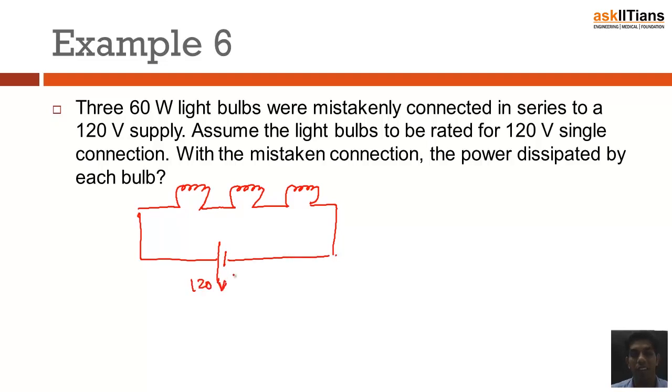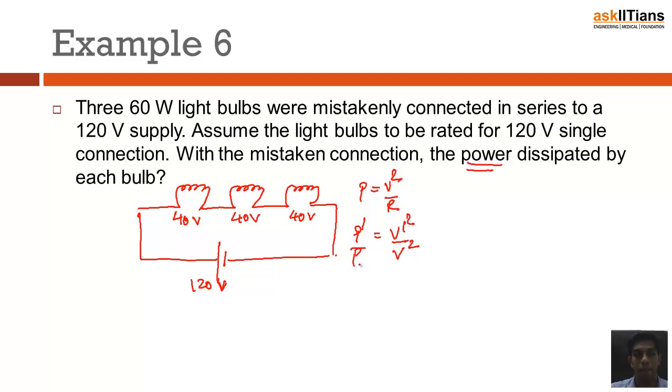We can definitely say that as these 3 bulbs are identical in nature, 40 volt will be over here, 40 volt will be over here, and 40 volt will be here. Now we need to find the power dissipated by each bulb. So P is equal to V square by R. So P dash by P is equal to V dash square by V square.